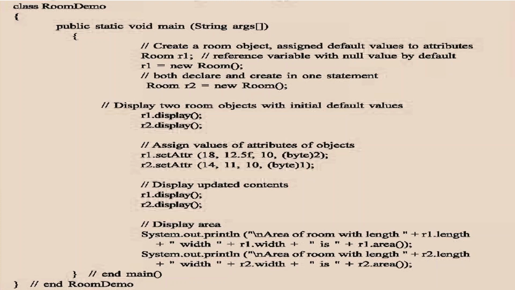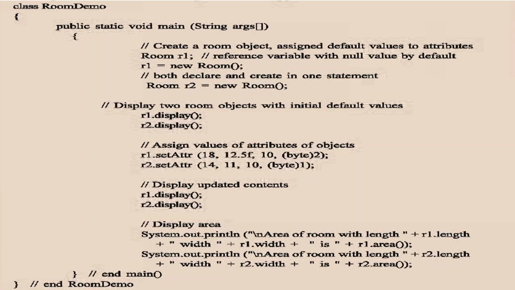Then plus sign, that is concatenate operator, r1.length, which will print the length of object r1, plus " width", which is within inverted commas, so will be printed as it is. Then r1.width, which will print the width of the r1 object, and " is", which is again within inverted commas, will be printed as it is.